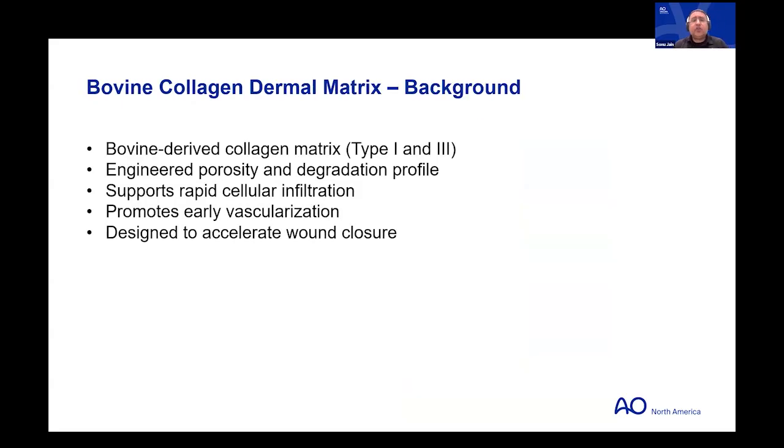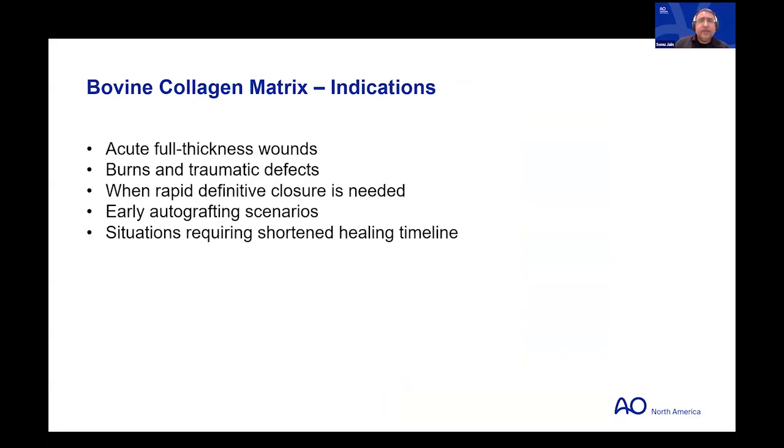So another product is the bovine collagen dermal matrix, type 1 and 3, with engineered porosity and a good degradation profile. It supports rapid cellular infiltration and early vascularization, and is designed to accelerate wound closure. So again, similar to the other products here, it's used for full thickness wounds, burn wounds, when rapid closure is needed, and early autografting.